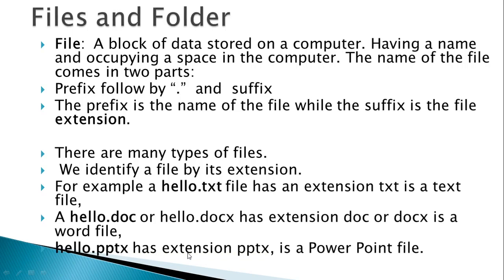Hello.pptx has an extension of pptx and is a PowerPoint file. So from the extension we know, and that's how the computer also recognizes the file. The computer recognizes the file by its extension. So the extension tells us much about the file.